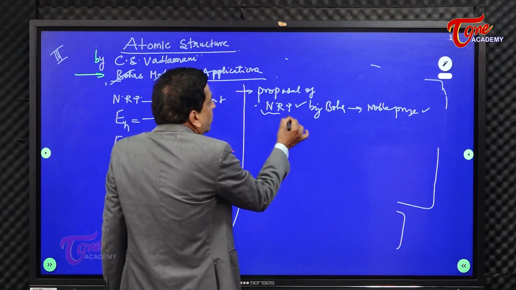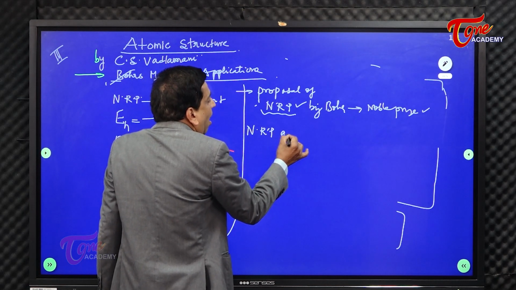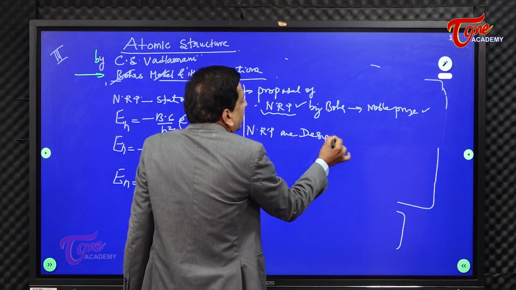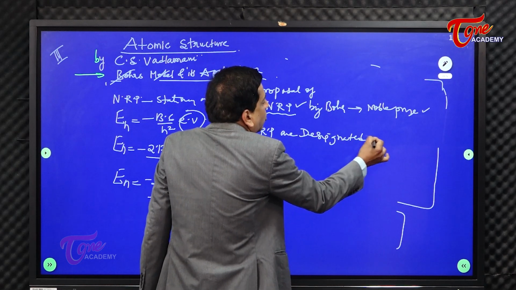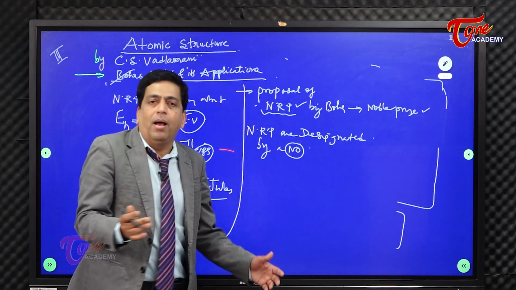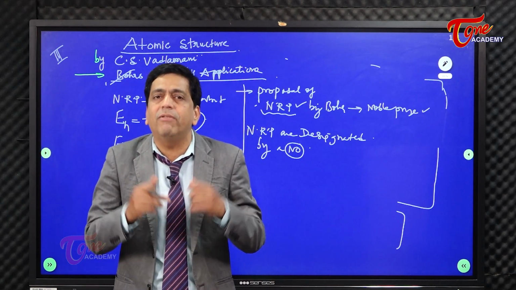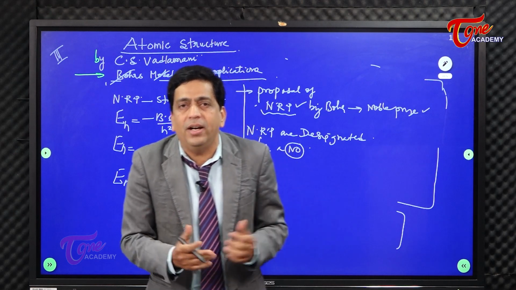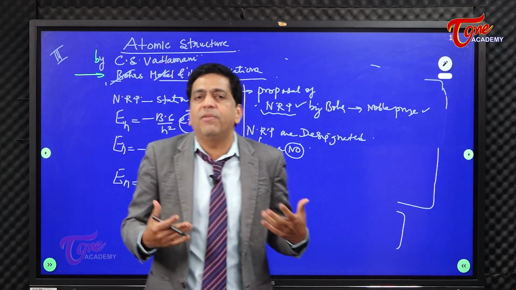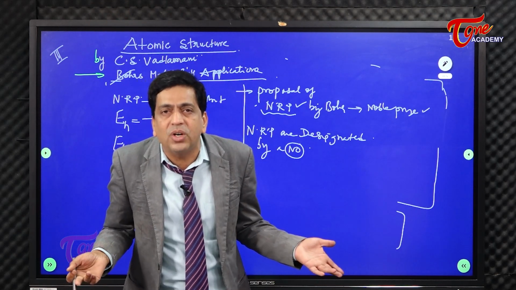So when you propose NRPs, as I said, these NRPs are designated by a number. Because you need to designate, you have to name, you have to give an identity. Because we have an identity. If you call me by my name, Chandrasekhar, then I raise my hand because I have my own identity.